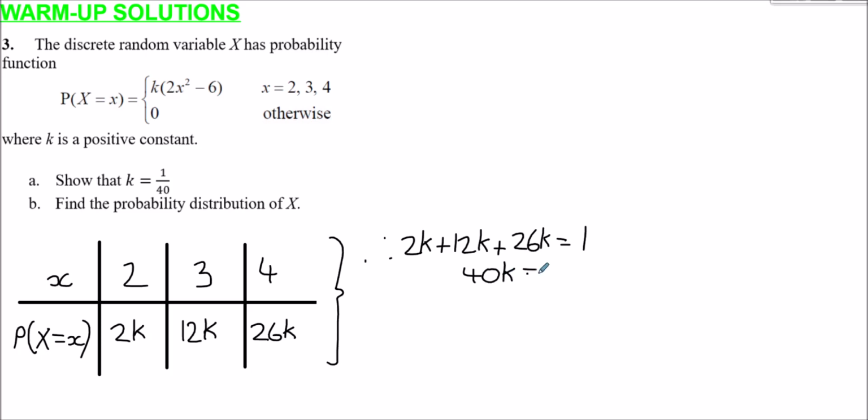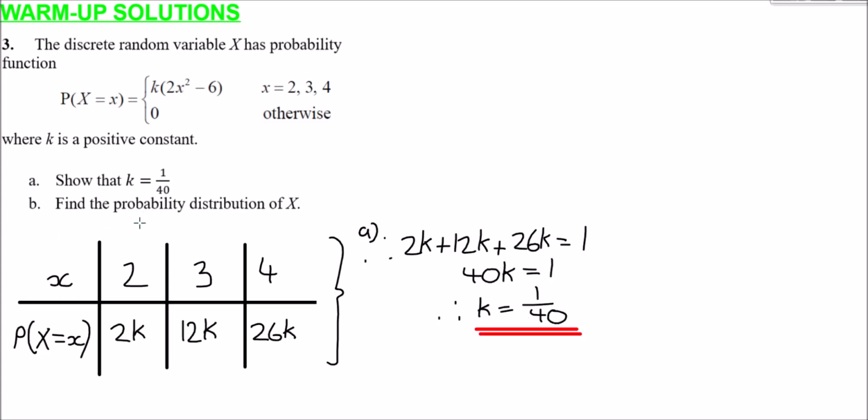So 40k is 1. Divide through by 40, we see that k must indeed be 1/40th, like we wanted to prove all along. So that's part A done. K is a 40th, like we wanted to show.